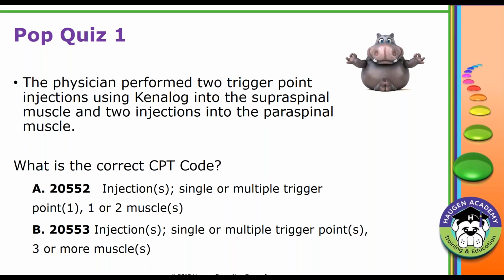Even though there are multiple injections, 2 in each of the muscles, you'll see that the codes specify 1 or 2 muscles. So they're not counting how many injections are being done, it's counting how many muscles are being injected. The first muscle is the supraspinal, and the second muscle is the paraspinal muscle. So we have 2 different muscles being injected. That's why we're on the 20552 code.